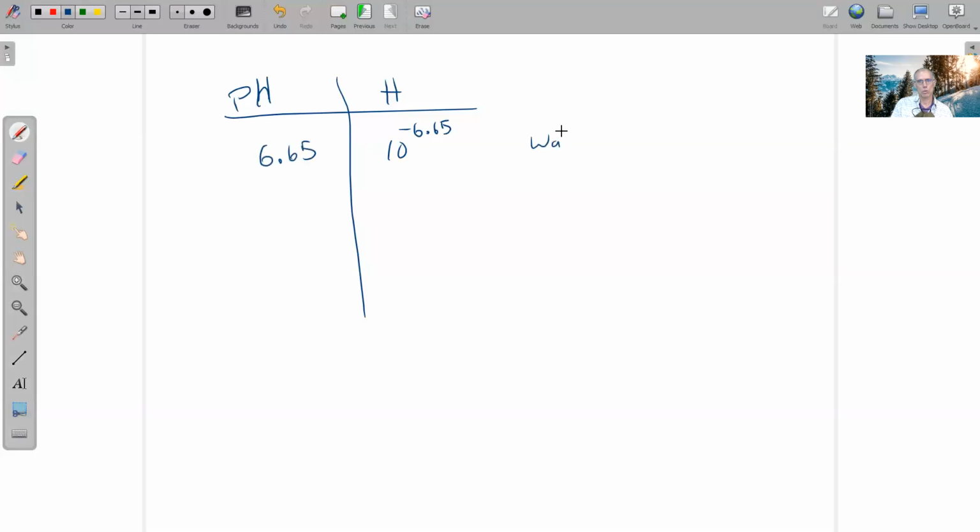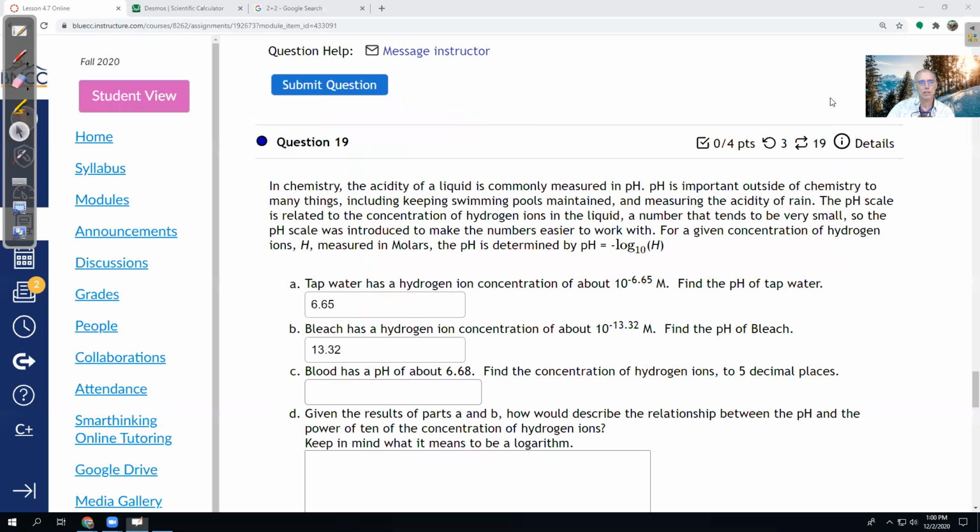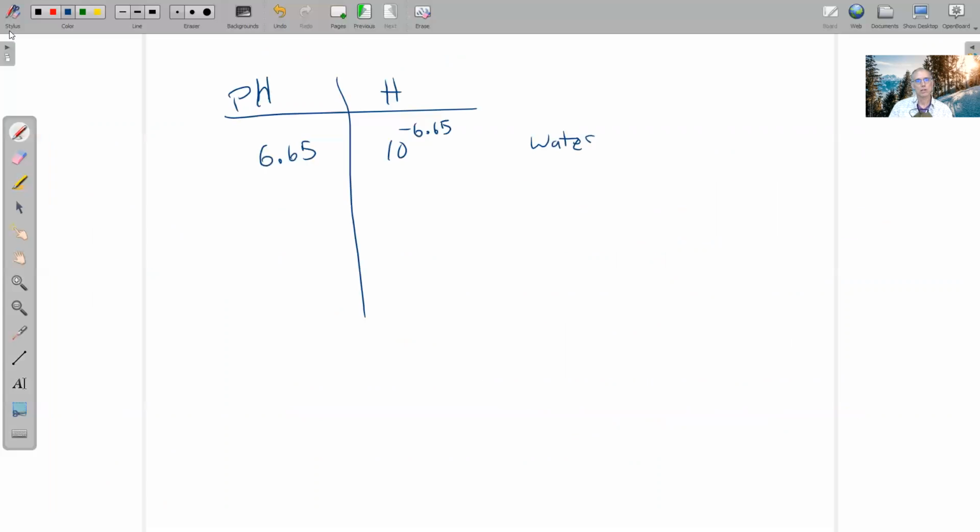That was for tap water. And then the next one was bleach. So bleach had a concentration of hydrogen ions of 10 to the negative 13.32. And its pH is 13.32.